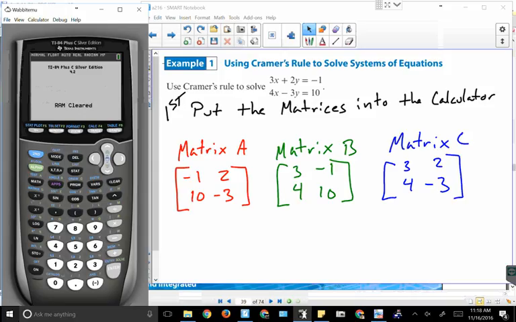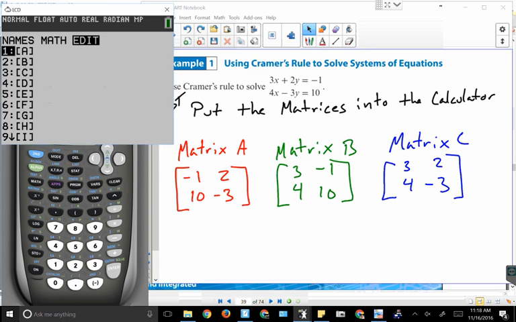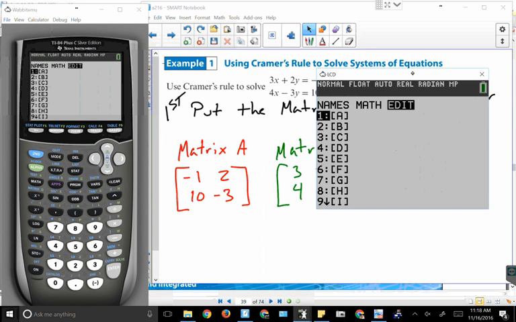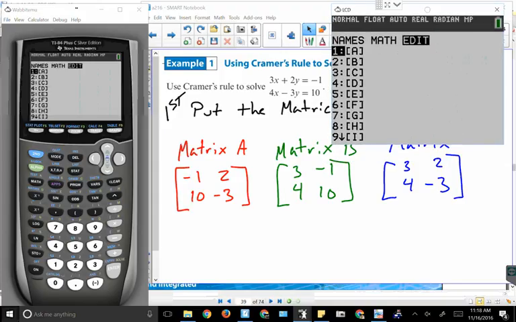Good. All right. So go to second, matrix. We want to edit A, so we go over. I'm going to edit A, so put in matrix A.